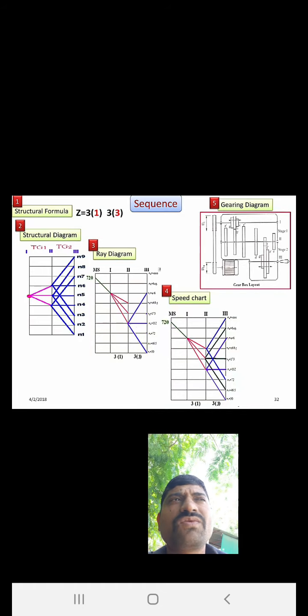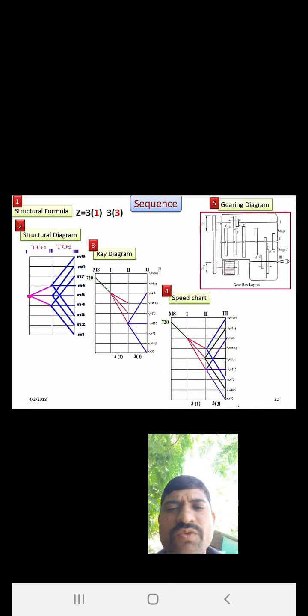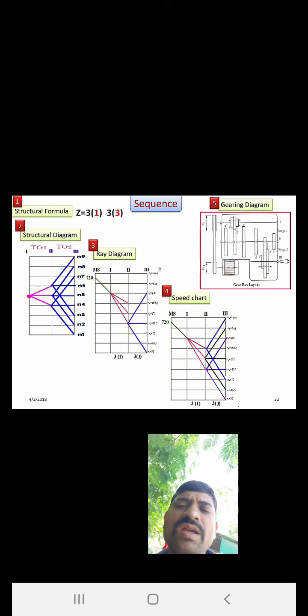These are connected to the input shaft. The motor shaft is directly connected to the input shaft. Here N5 is the input speed. Here you could consider N6, N4, or N5 also.